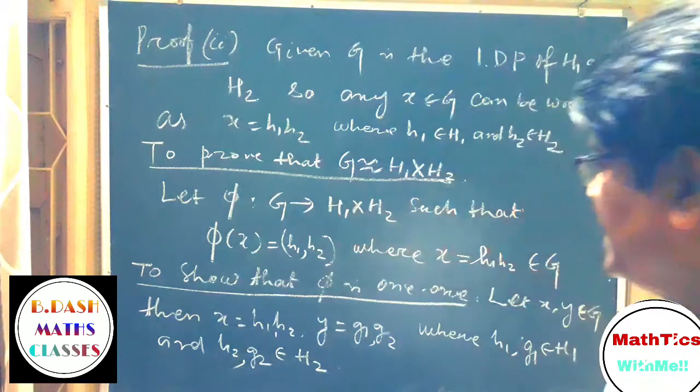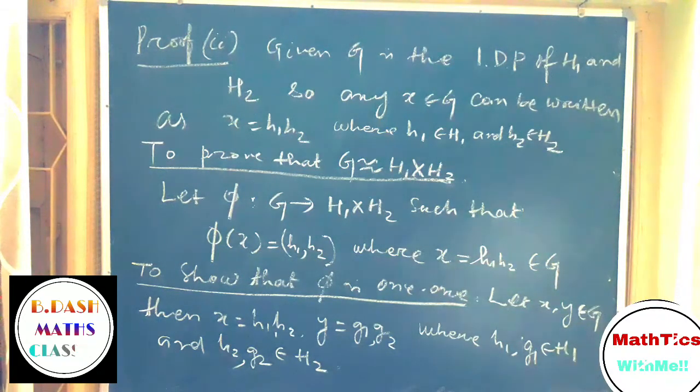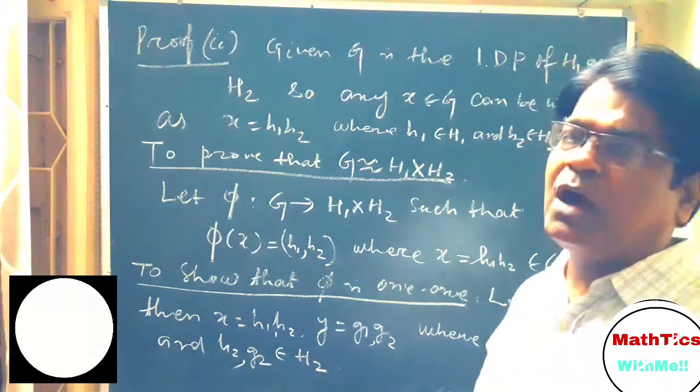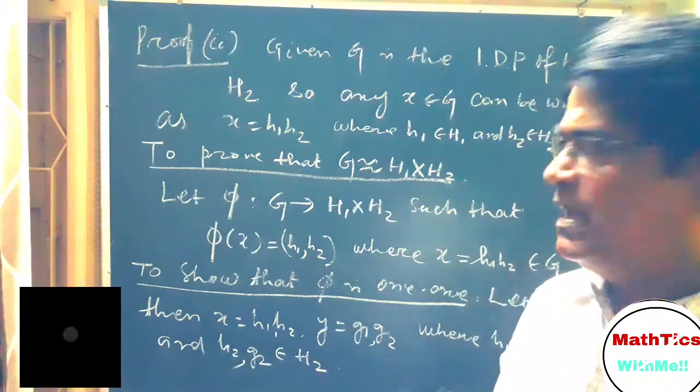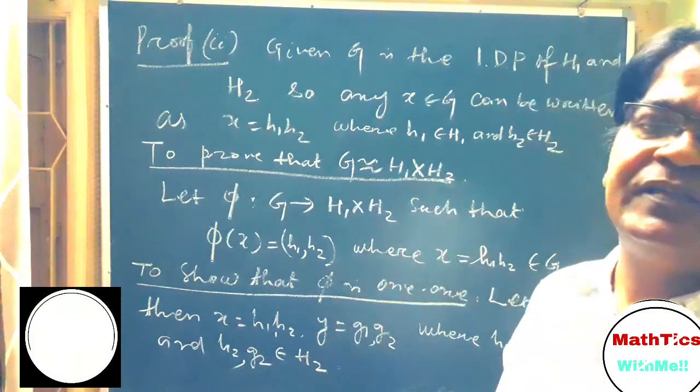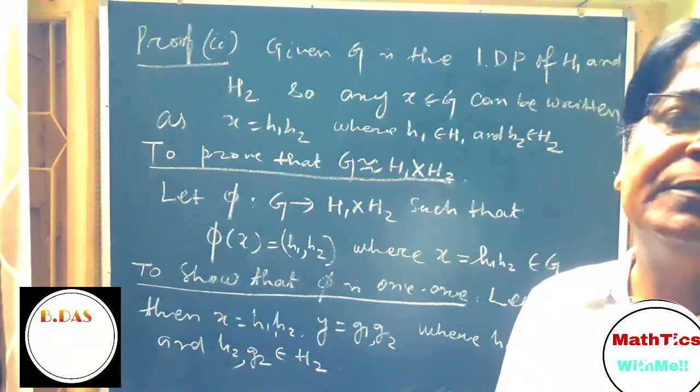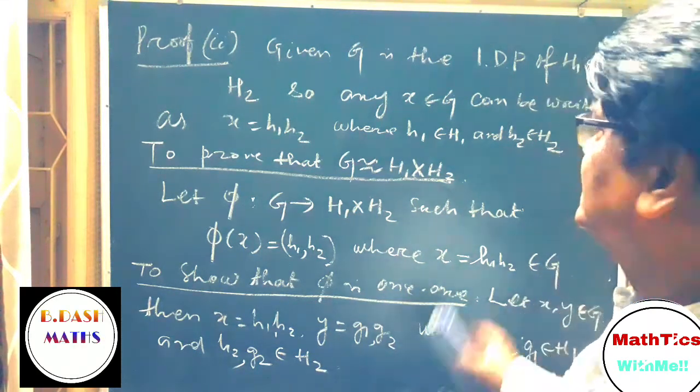So we are taking now two elements. How will we show a function is 1-1? We have to take phi of x is equal to phi of y, and establish that x is equal to y.